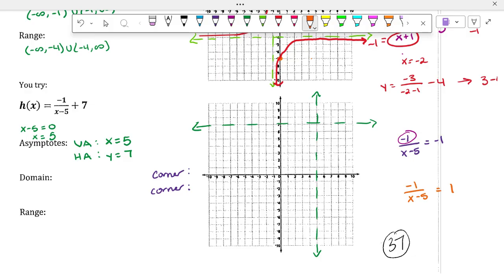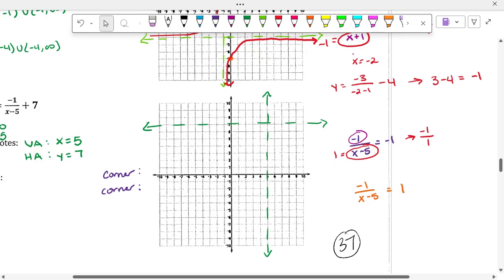So now what do I do? So what do I want that to equal? 1 to equal 1. So I have -1 over 1. So what does x have to equal? 6. Then what do I do?